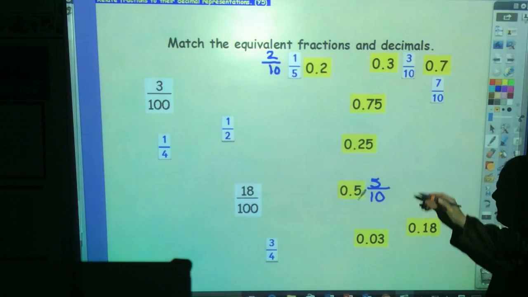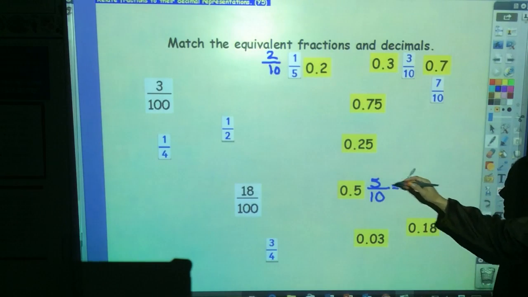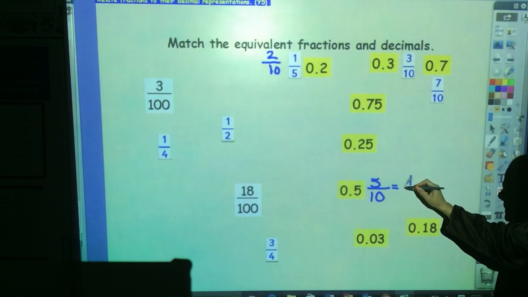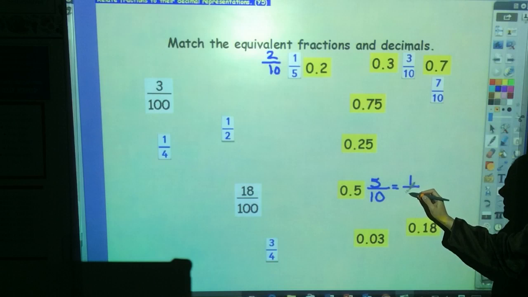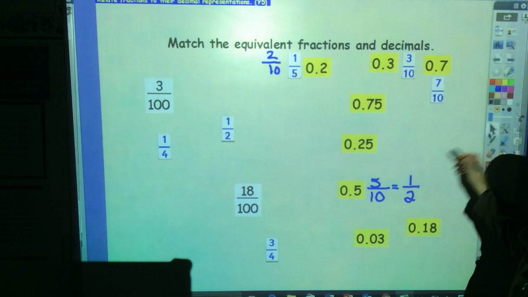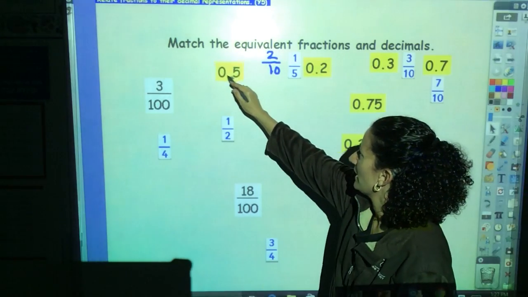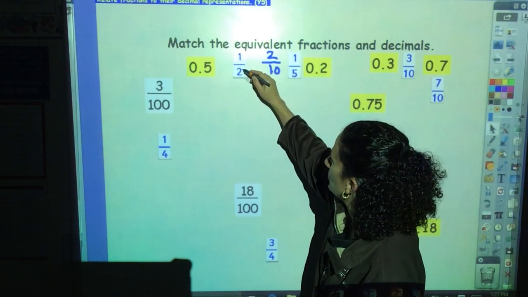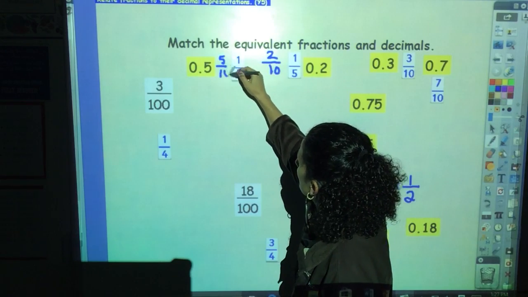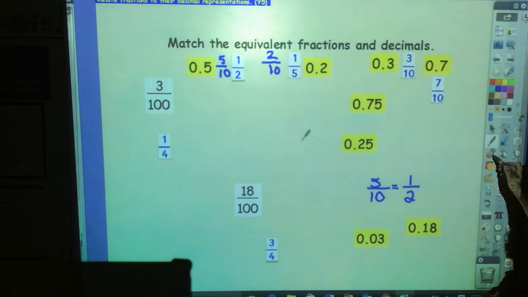Hope you see it, it can be reduced. You can divide by 5. 5 divided by 5 is 1. 10 divided by 5 is 2. So 5/10 is the same as 1/2. Here's my next match. And again, I will write that as 5/10 as well, so you can add that to your notes.